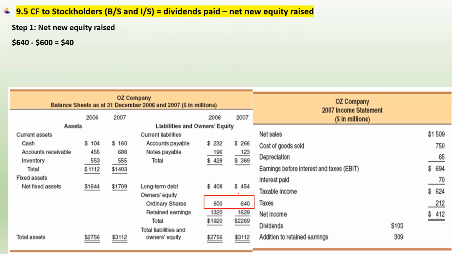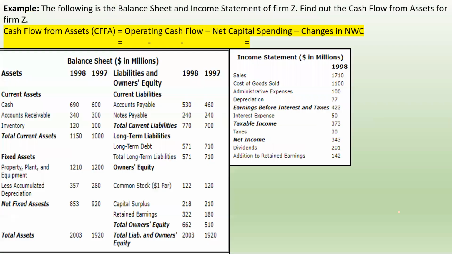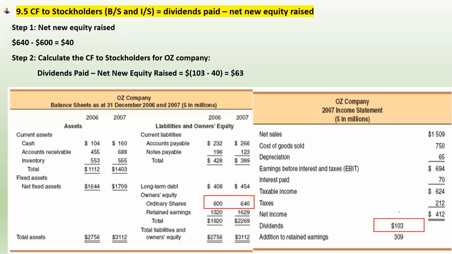The net new equity raised is $40 million, and the dividend paid is $103 million. We find that dividend paid minus net new equity raised is 63 million. That's the cash flow to stockholders or shareholders.